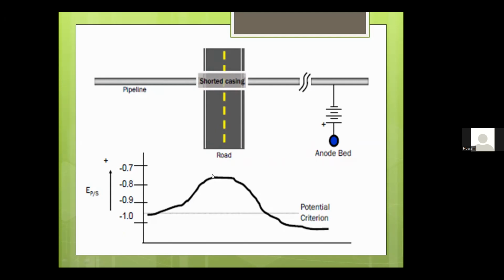Here, at the position of the casing, the structure becomes more electropositive. It becomes less negative than minus 0.8. So the carrier pipe in this area is not protected, which will cause corrosion to the carrier pipe inside the casing.